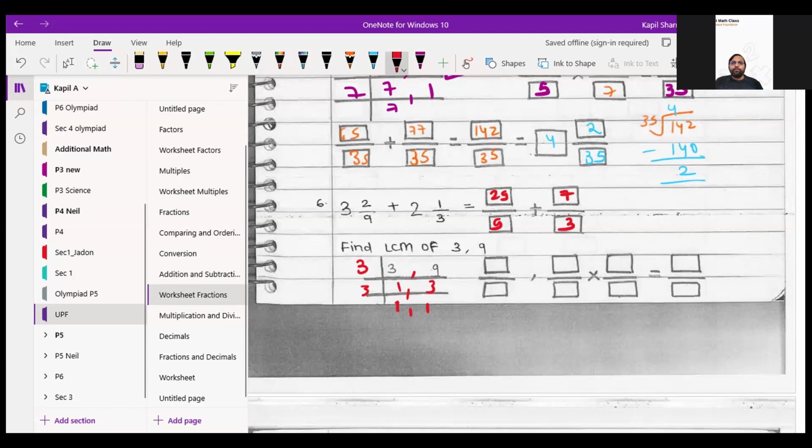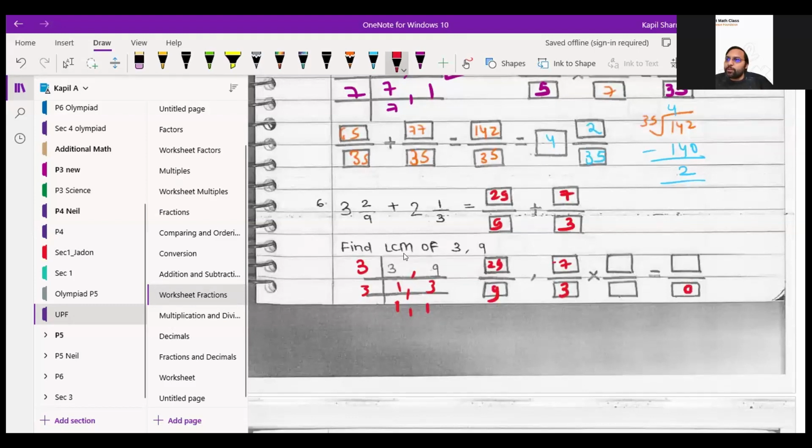So the first fraction would remain the same because the denominator is already 9. Okay. The second fraction would be now 7 upon 3.